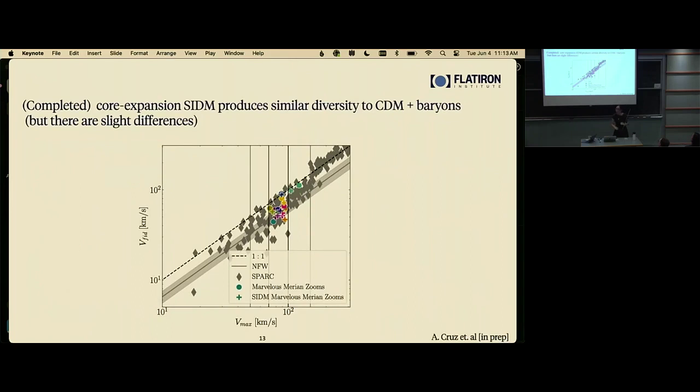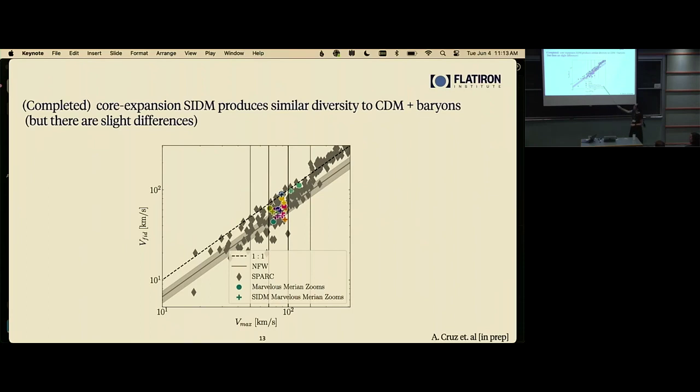Okay, all of this to say that the same mechanism that's giving diversity in this core expansion phase is similar to what's happening in CDM plus baryons. And so we're seeing similar diversity in the core expansion SIDM simulations as we are in the CDM plus baryon simulations. So the circles are now CDM plus baryons with their counterpart in the same color but with a plus.